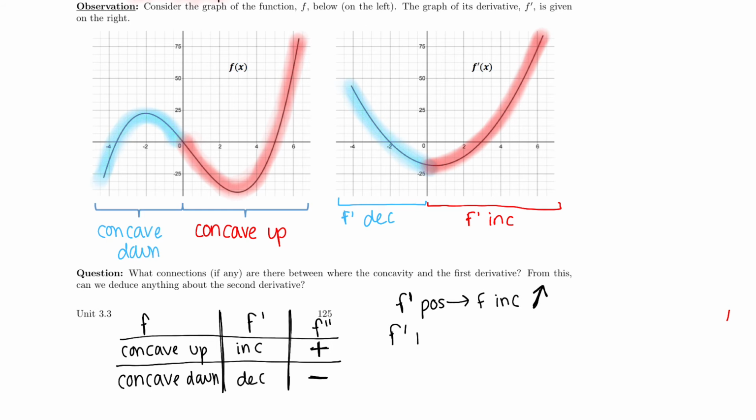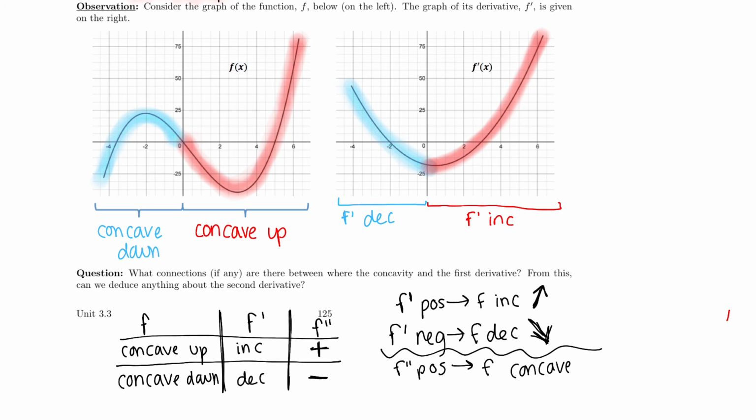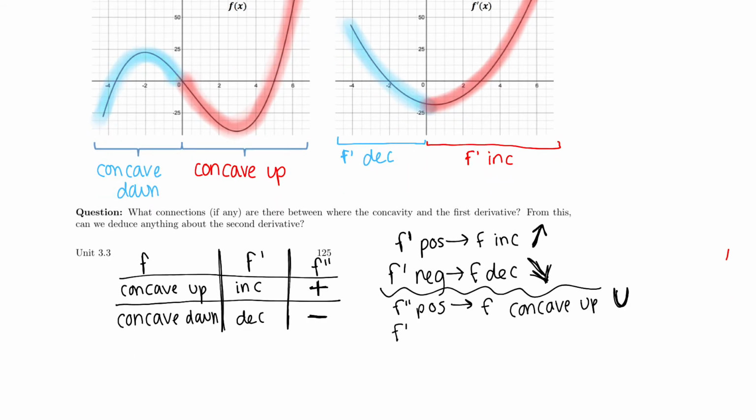If f prime is negative, that means f is decreasing. On the other hand, if f double prime is positive, that means f is concave up. Concave up is this way. If f double prime is negative, that means f is concave down.